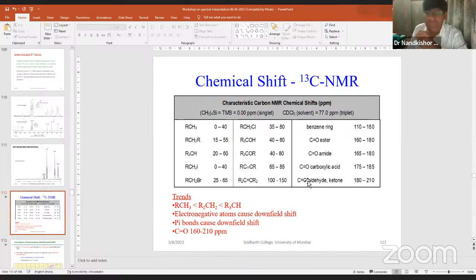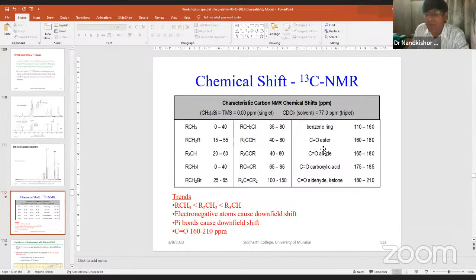Now here is a chart which you should practice, or you should know this chart, the rough range of the alkyl groups or the carbon having a functional group, like maybe carbonyl containing compounds, or maybe alcohols, or maybe ethers, or maybe halides. So all have their ranges.